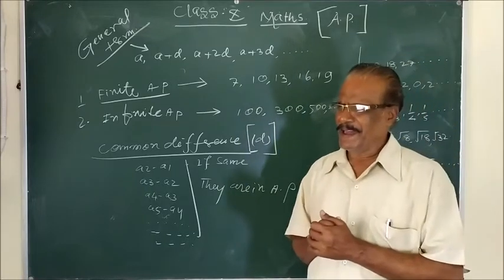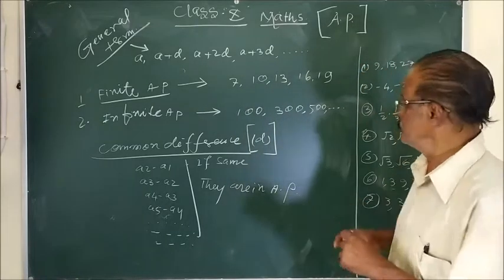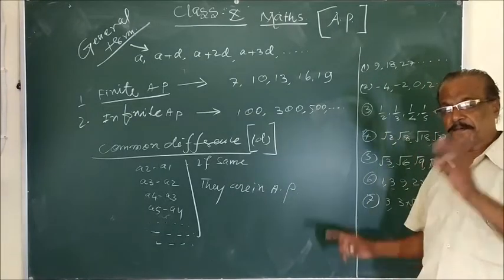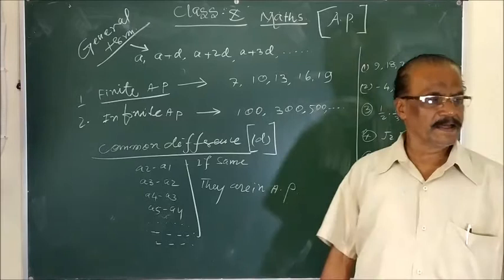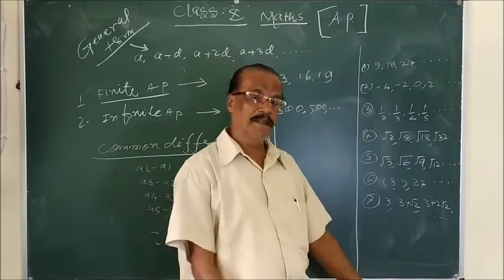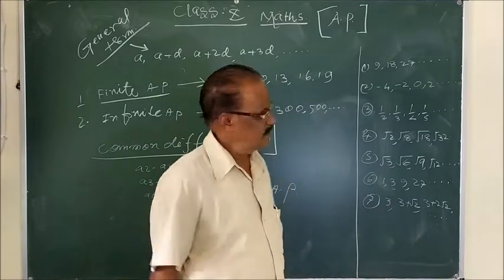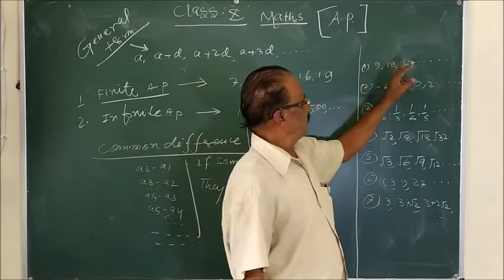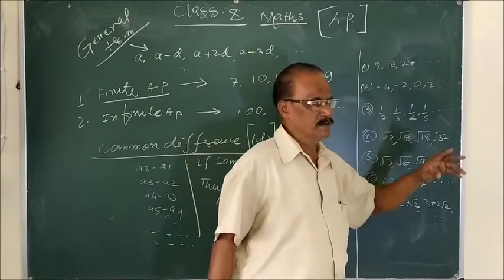Today, I have also some examples before you, and you have to find out whether these lists of numbers are in AP or not. Now, my dear, come to question number 1, 9, 8, 27, dash.